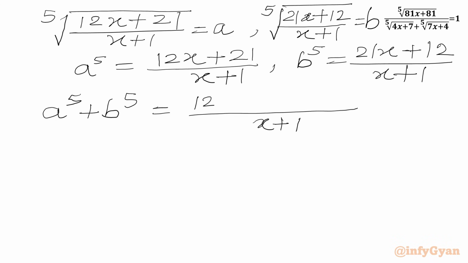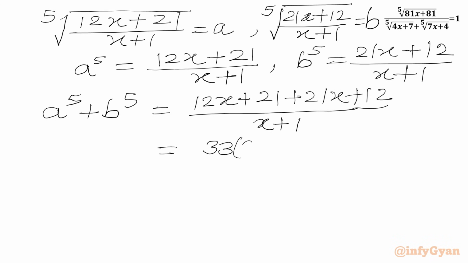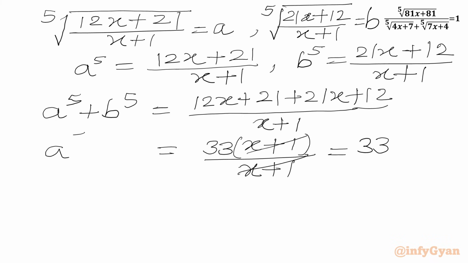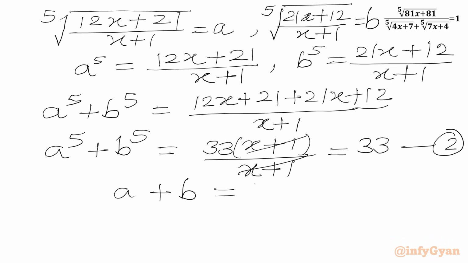Now we have to add both the numerator written terms 12x plus 21 plus 21x plus 12, which will give us 33 in bracket x plus 1 over x plus 1. We can cancel x plus 1 from the numerator denominator and get our second equation a power 5 plus b power 5 equal to 33.